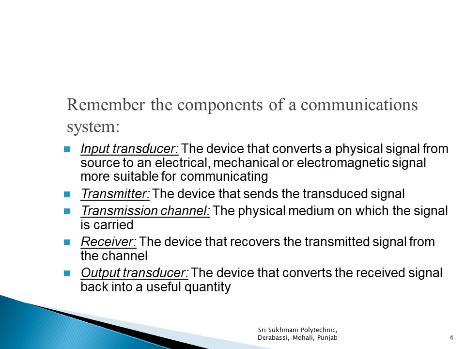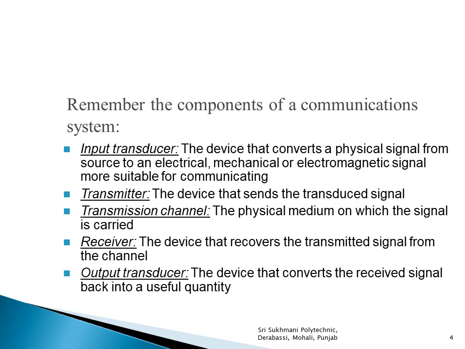The second part is the transmitter. It is a device that sends the electrical signal to a channel. So whatever the output of the transducer is, it is transmitted by the transmitter. Next is the transmission channel. As I already told you, we require a medium to transmit the information.